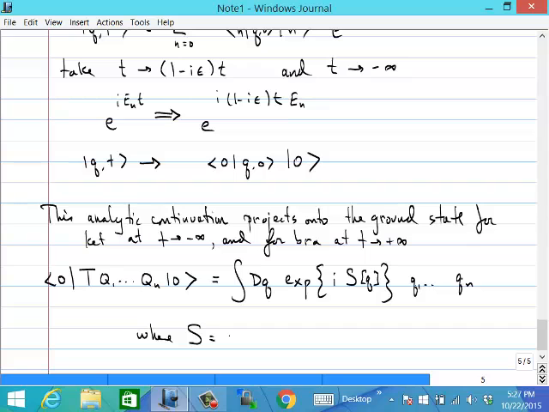So S is now the integral over dt tilde of L, where t tilde is (1 minus i epsilon) times t.